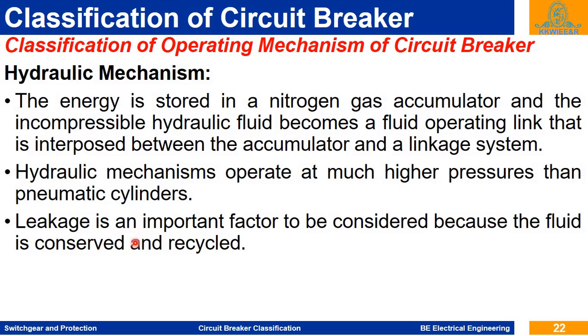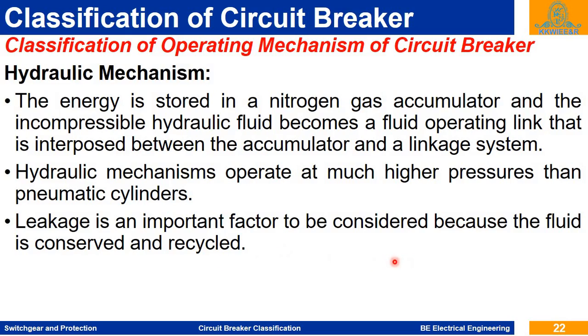Then leakage is an important factor to be considered, because the fluid is conserved and recycled. In the case of air, if there is a leakage, air is freely available in the atmosphere and is compressed through the compressor. But here the hydraulic fluid is recycled and reused.